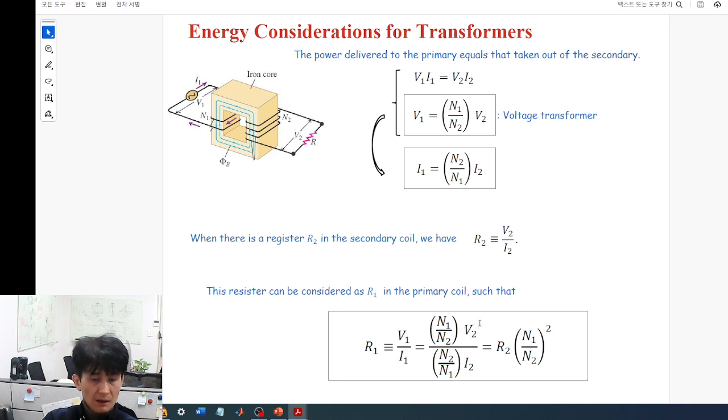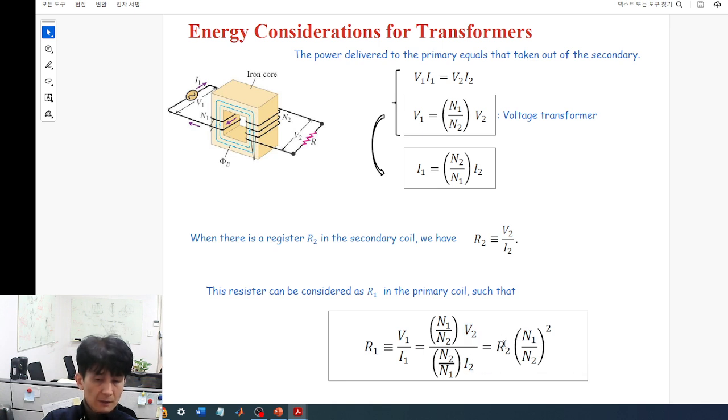So this one becomes N1 over N2 squared times V2 divided by I2, but V2 divided by I2 is defined as R2, so we just replace V2 divided by I2 with R2.